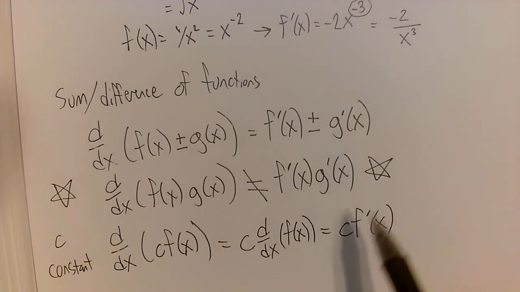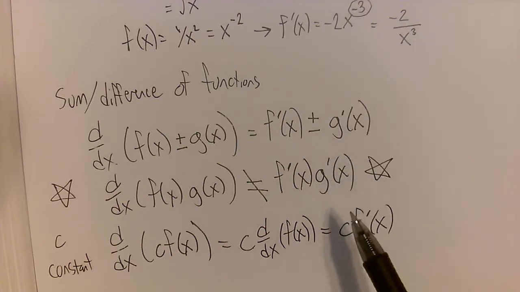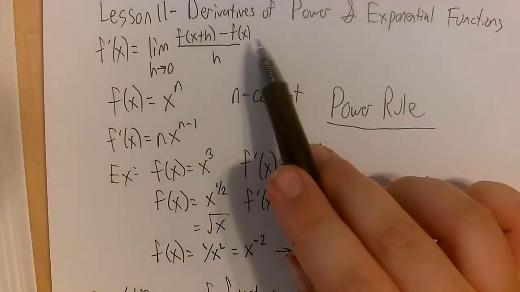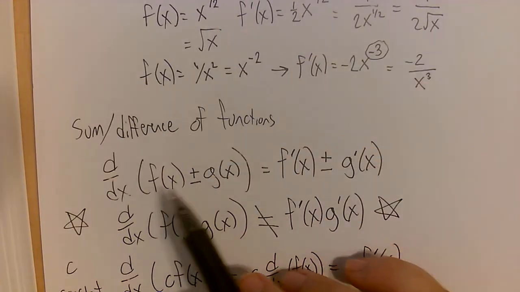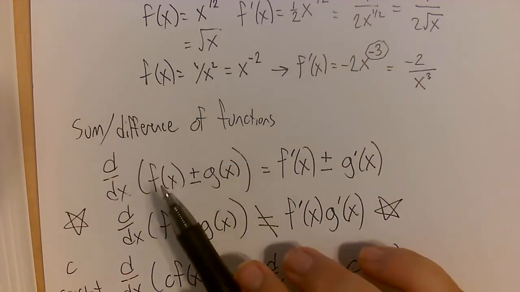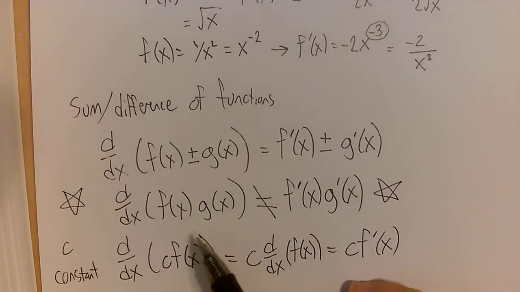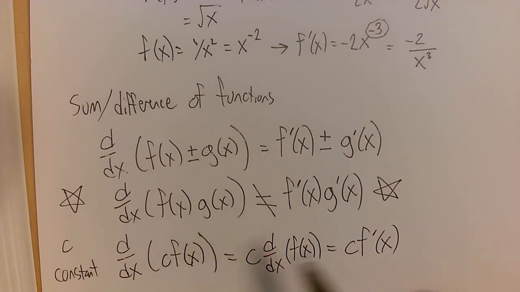Now why these rules work, it's because the same rules work on limits. Remember that the derivative is nothing more than this limit right here. And if you have two limits added together and they both exist, then you can do each limit separately. And if you ever have a constant inside your limit, you could always move the constant outside of the limit and do the limit without the constant.